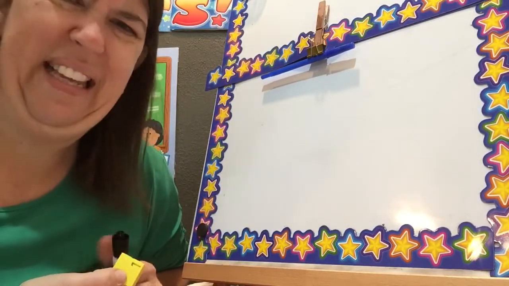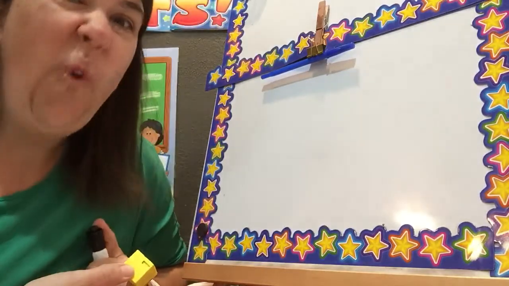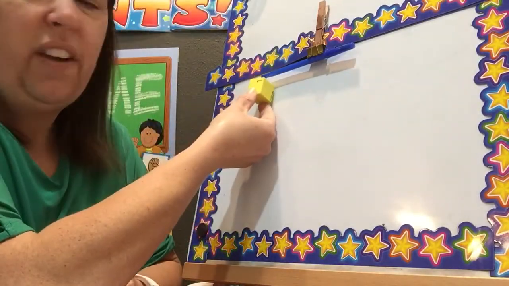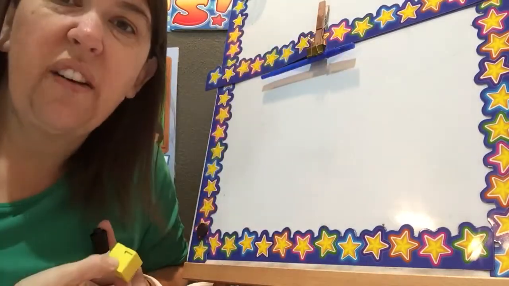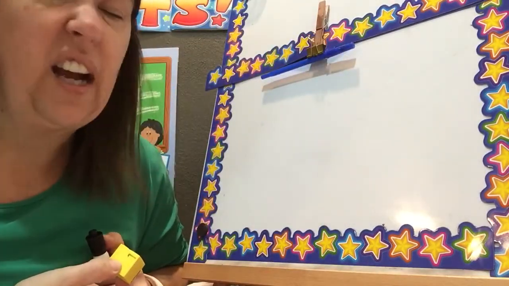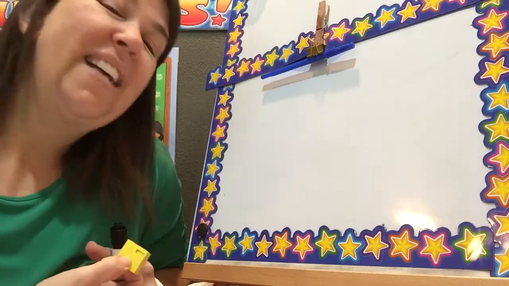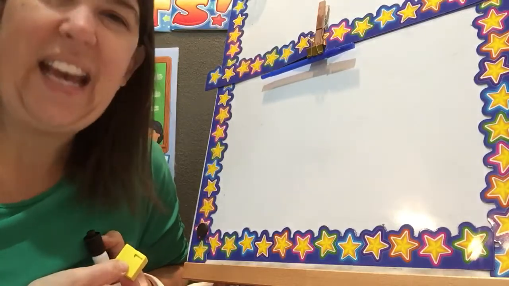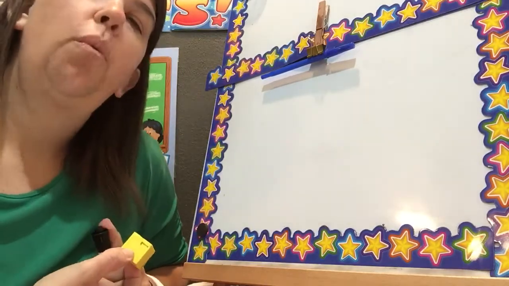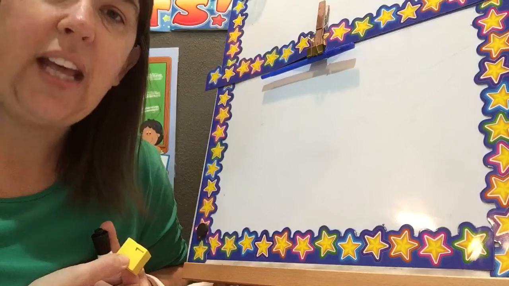I hope you wouldn't say 400. Why? Because we know very well there's no way 400 cubes are going to fit on that. That's not a prediction. That's a crazy guess. That's not an educated guess.